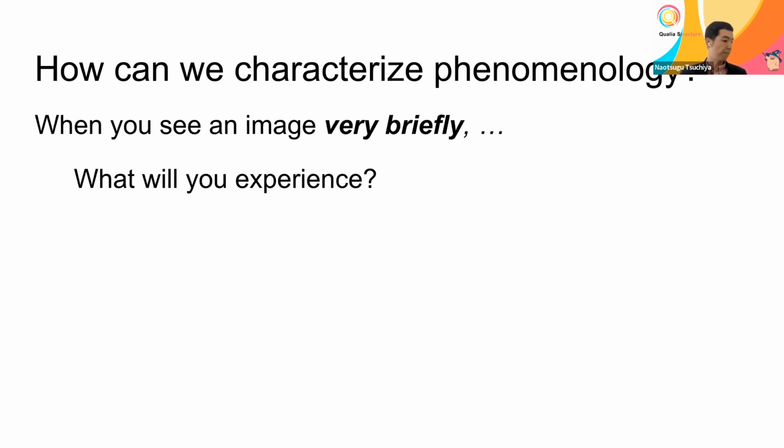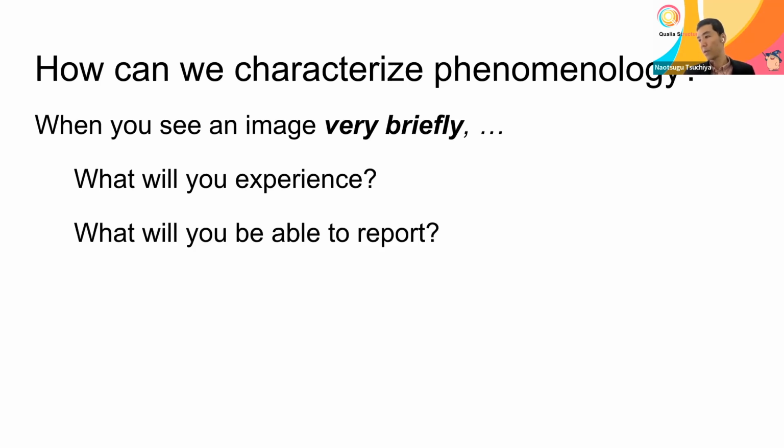Does anybody have an idea on what you can experience when I show it really briefly, like 0.1 second, a fraction of a second? Do you see anything or nothing? Maybe a dominant color.